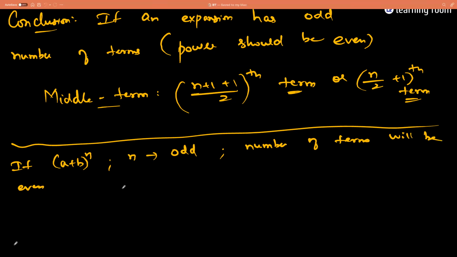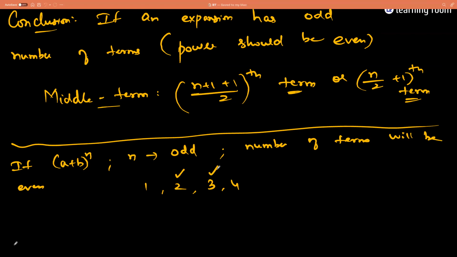Now the question is, if I have 4 terms for example, 1, 2, 3, 4, then which one is the middle term in this? Second and third, both are middle terms. Am I right?